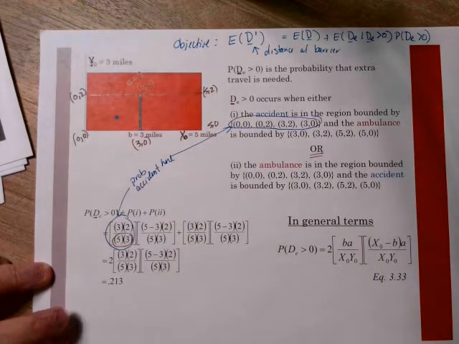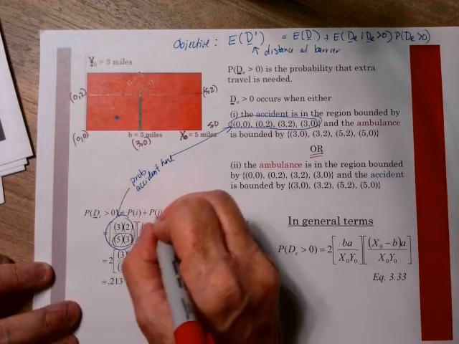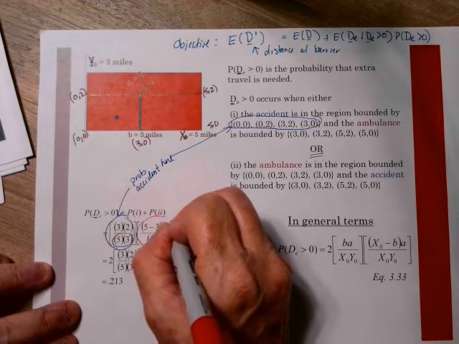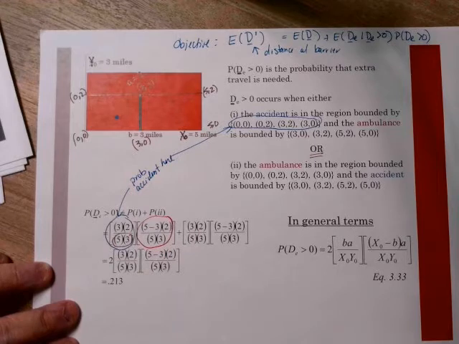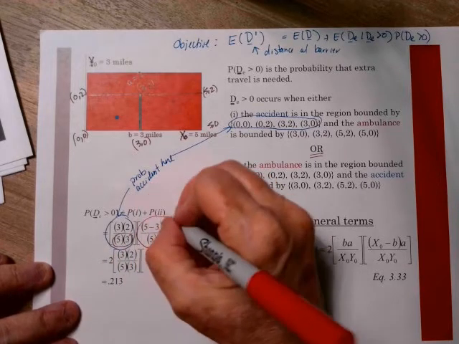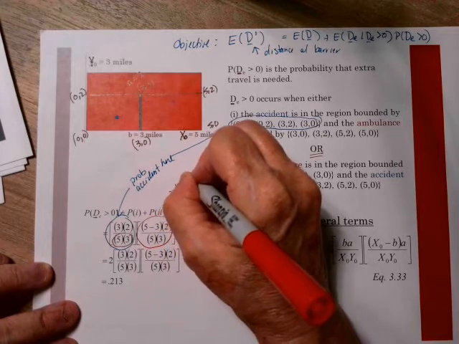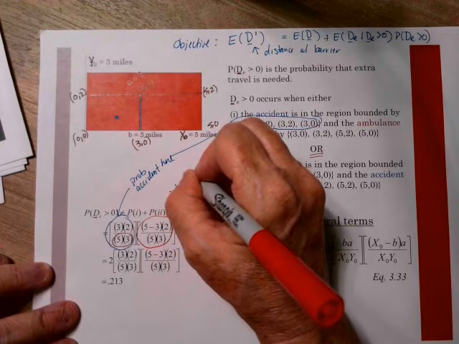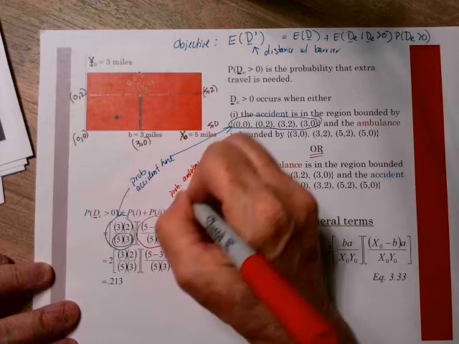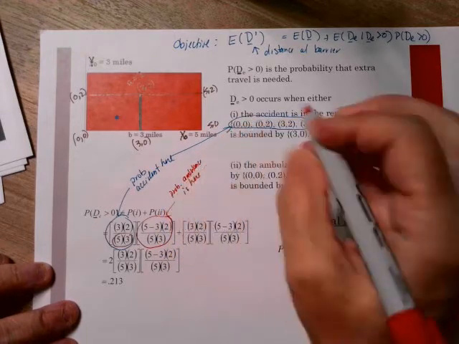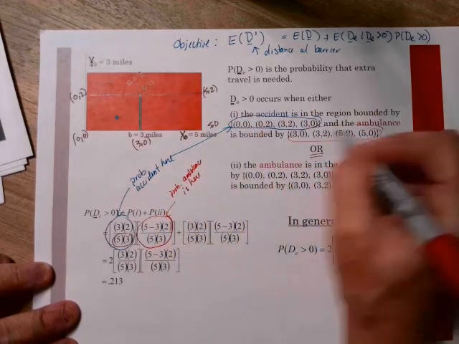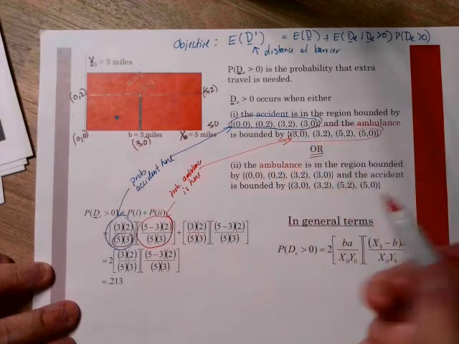And then this term here is going to be the probability that the ambulance is here, which is right there. So where does that come from?